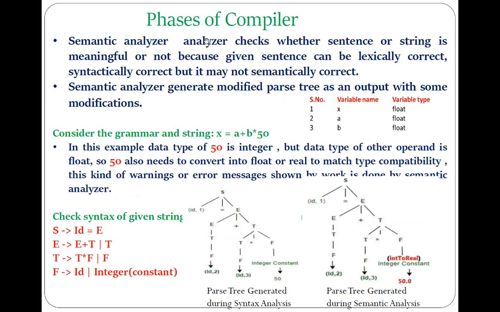From the discussion, we can summarize that the semantic analyzer checks whether the sentence or string is meaningful or not, because a given sentence can be lexically correct and syntactically correct, but may not be semantically correct.